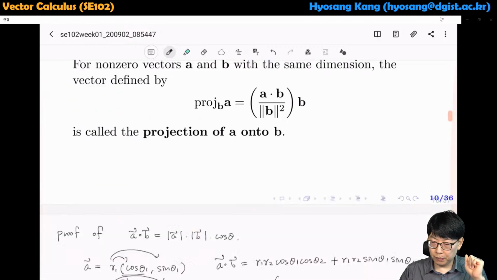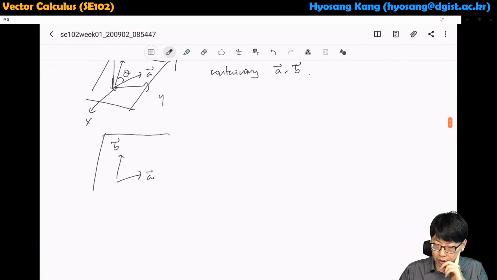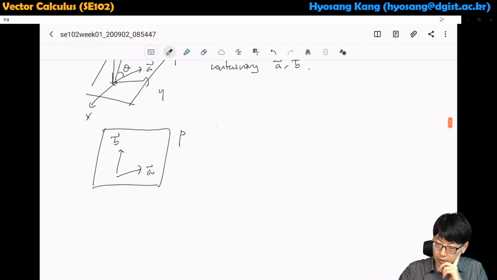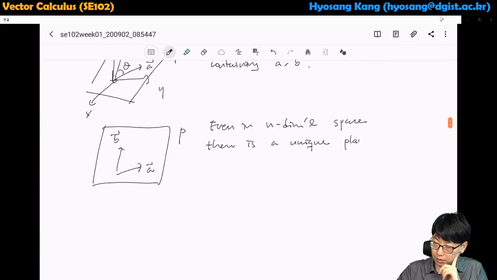What about n-dimensional space? Even in n-dimensional space, even though I cannot draw it, if you take any two vectors, as long as these two vectors are not in the same direction, then you can always pick a plane P, even in n-dimensional space. Maybe not unique, I'm sorry, in n-dimensional space it may not be unique.